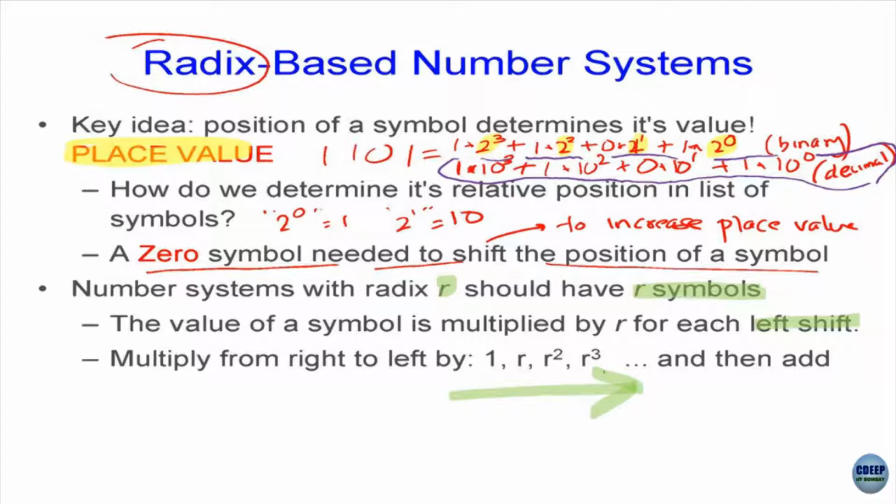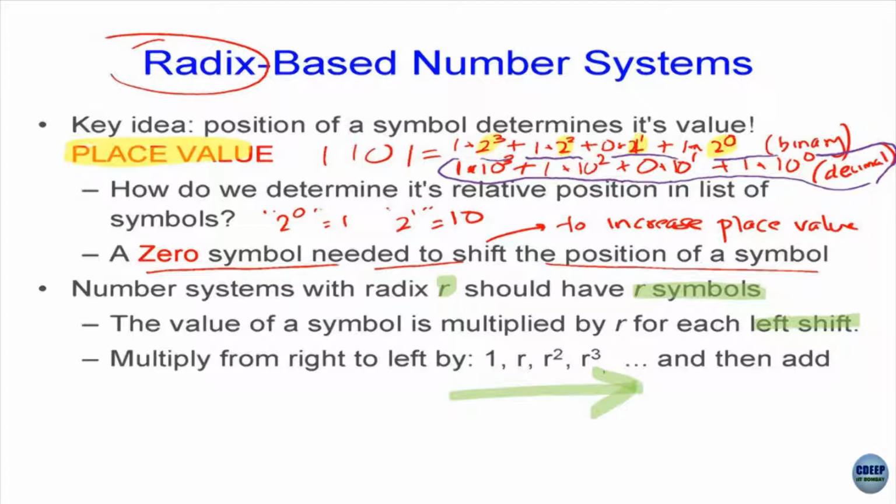So suppose I want to increase the place value, what do I need? I'll need a 0 to shift, right? A 0 symbol is needed to shift the position of a symbol and increase place value by a unit.